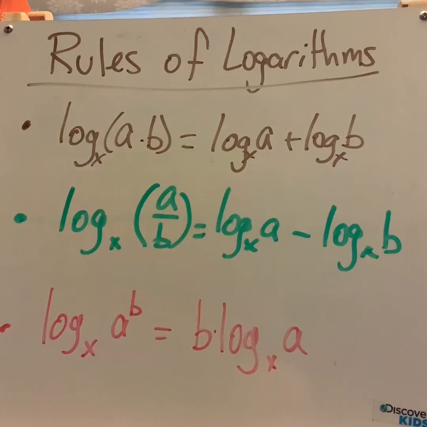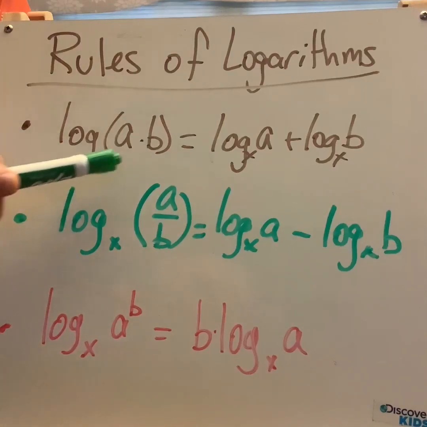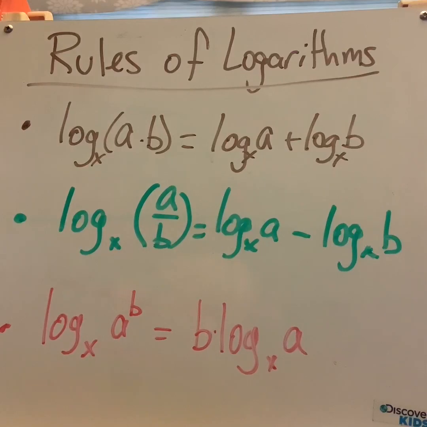Since logarithms are exponents, you're going to see a bunch of similarity between our exponent rules and our log rules. So the first log rule is that if we have the log with the base of x of a times b, so one log expression where this is called the argument, what's in the argument is being multiplied, then what we can do is break it apart and add them.